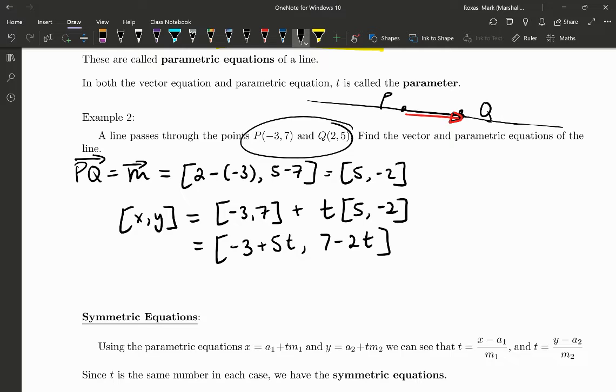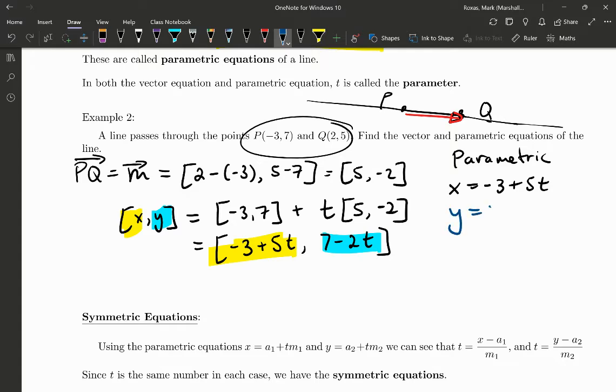To create the parametric equations, I take the x component and write x equals negative 3 plus 5t, equating the x component on the left to the x component on the right. Same thing for the y component: y equals 7 minus 2t. And those are my parametric equations of the line.